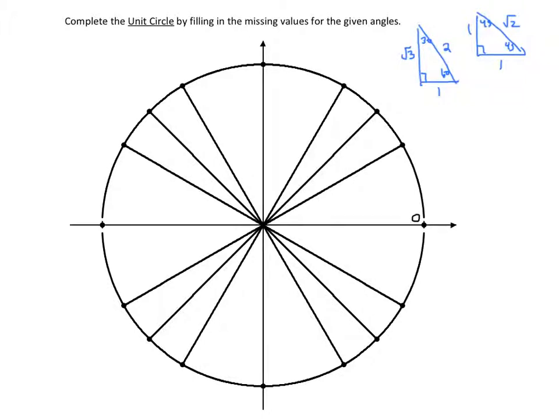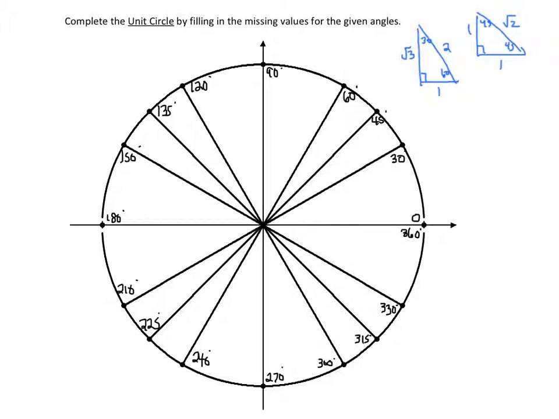So here we would have, well, 0 degrees and 30 degrees and 45 degrees and 60 degrees, 90 degrees, 120 degrees, 135 degrees, 150 degrees, 180 degrees, 210, 225, 240, 270, 300, 315, 330, and a full revolution of 360 degrees.